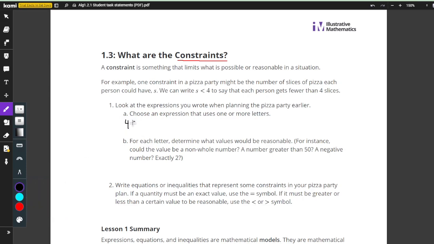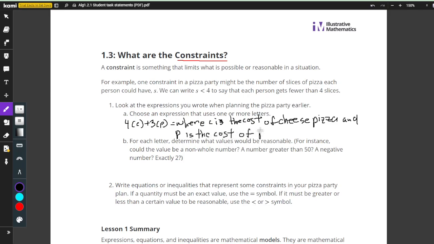We're going to say 4 times c plus 3 times p, where c is the cost of cheese pizza, and p is the cost of pepperoni pizza. Okay. So that's our first one.